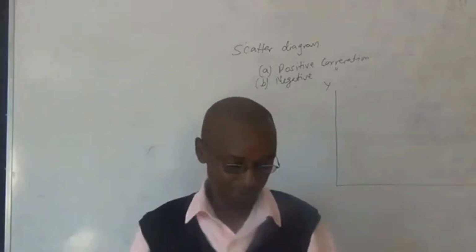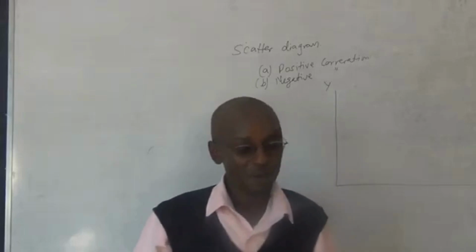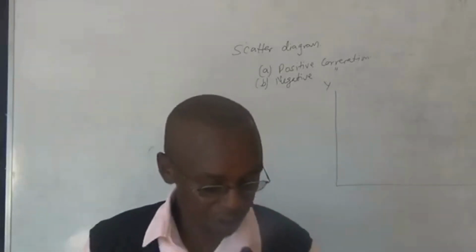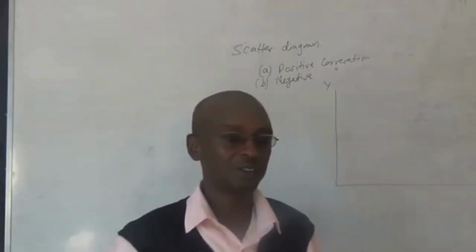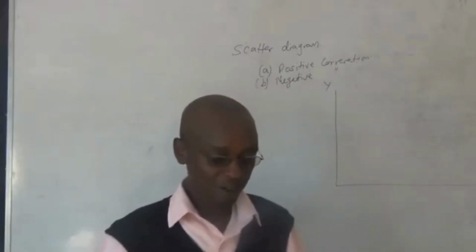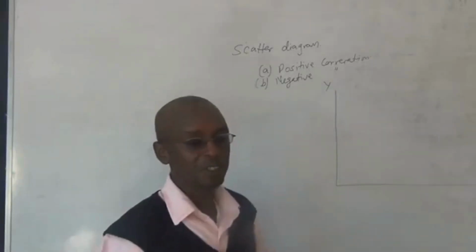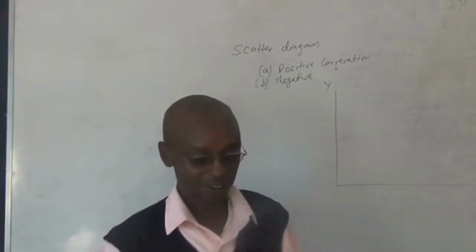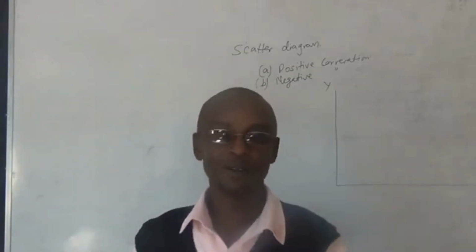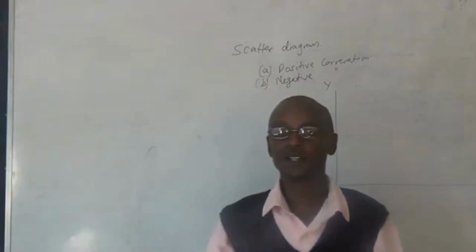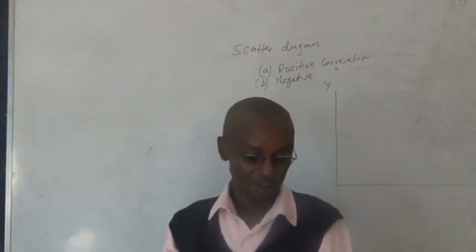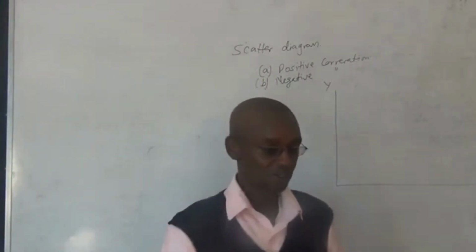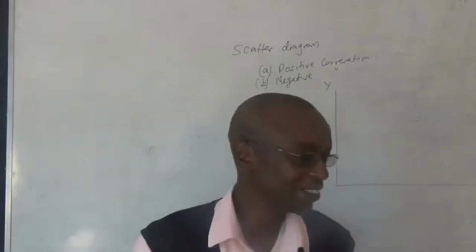Variables move in opposite directions. Examples: price and demand.